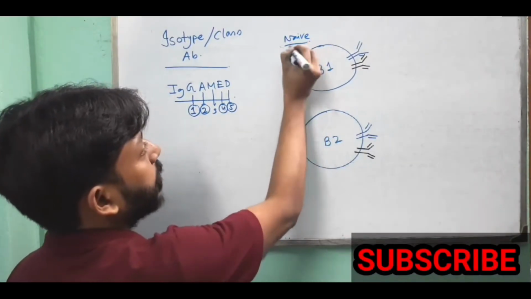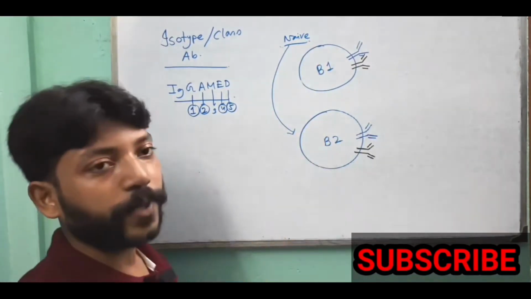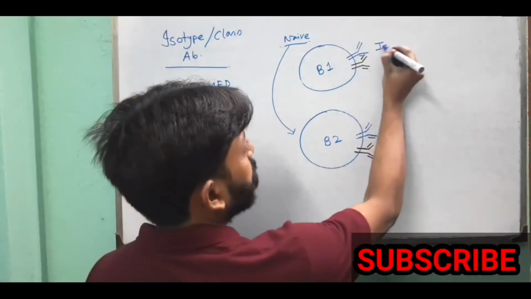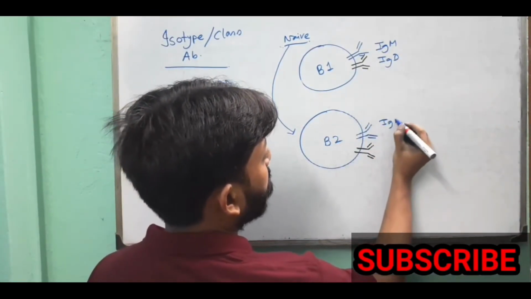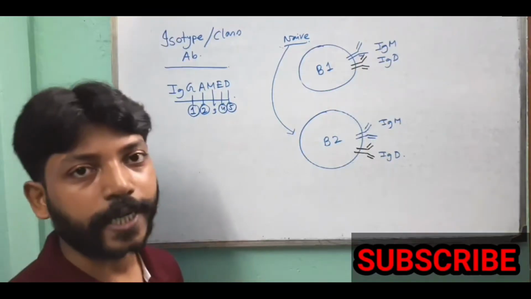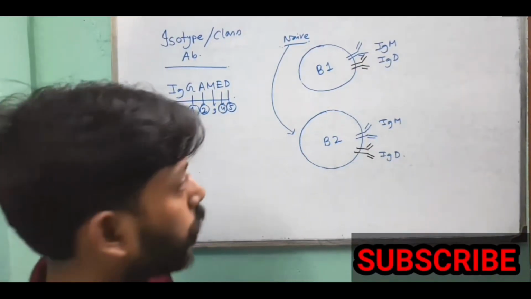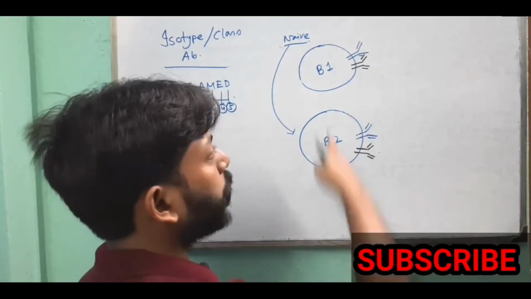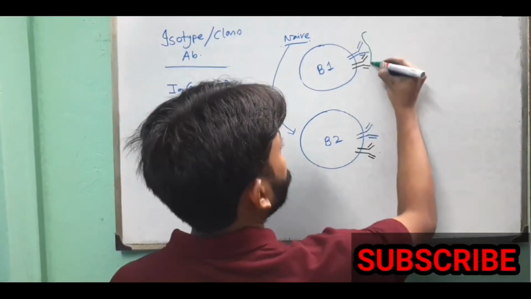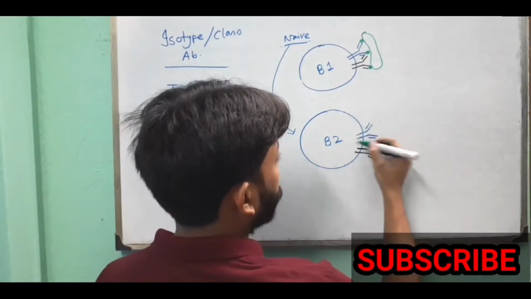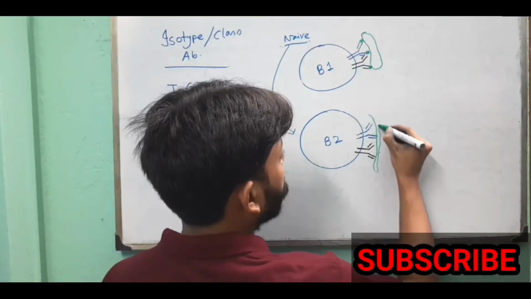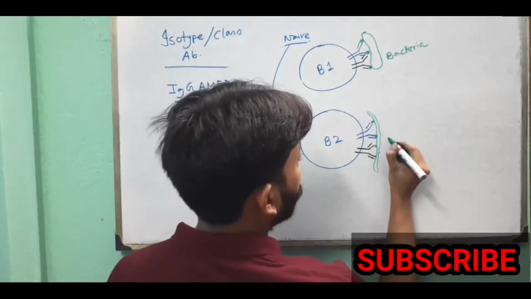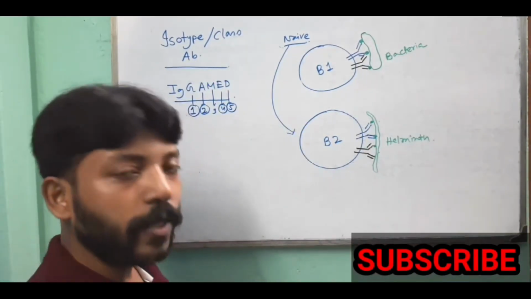So naive B cells express IgM and IgD as their B cell receptor. This receptor can recognize antigen. So let's draw antigens. If B1 recognizes a bacteria and B2 recognizes a helminth, then one thing occurs.